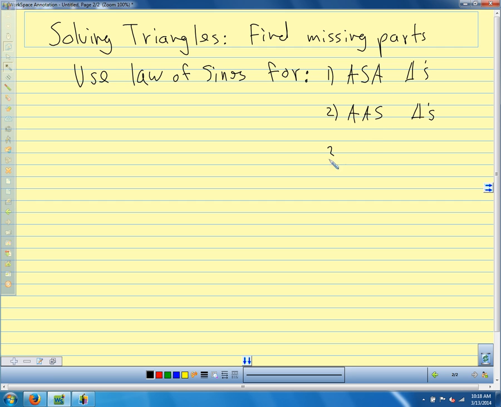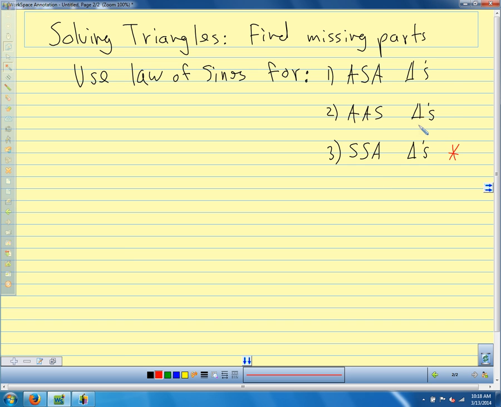We can also use law of sines for side-side-angle triangles. But for this one, just make a note that we're not going to do much with it, and we have to be more careful.